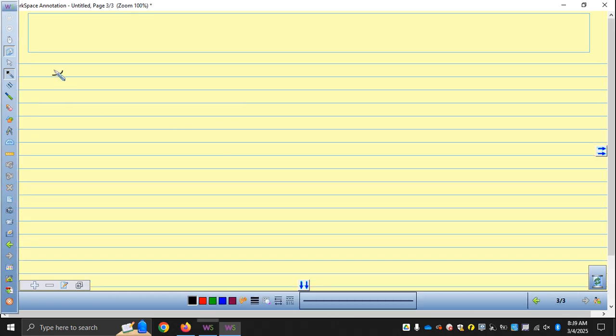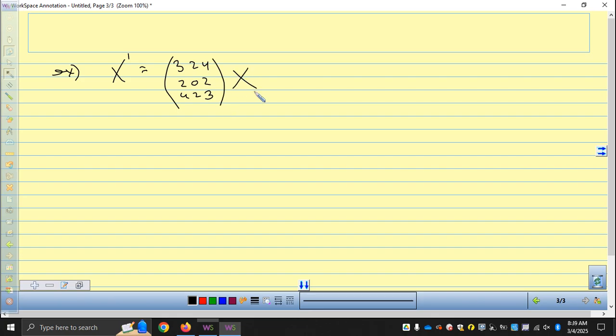All right, so here's our first example. X prime equals the matrix with rows 3, 2, 4; 2, 0, 2; 4, 2, 3, times x. So our first step, I want to solve the characteristic equation: the determinant of A minus lambda I is 0.